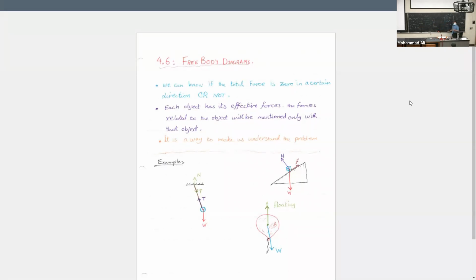Who can tell me? If you look at a kite in the sky, it is not in this direction. It's in a direction with an angle, right?